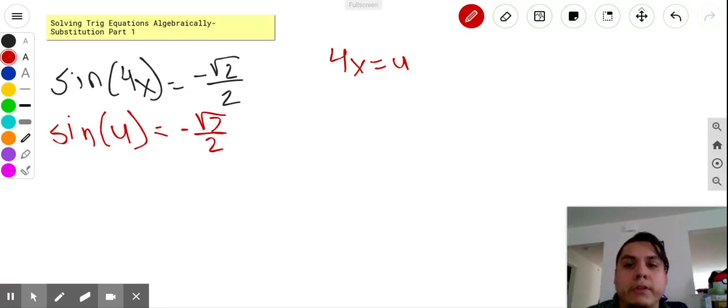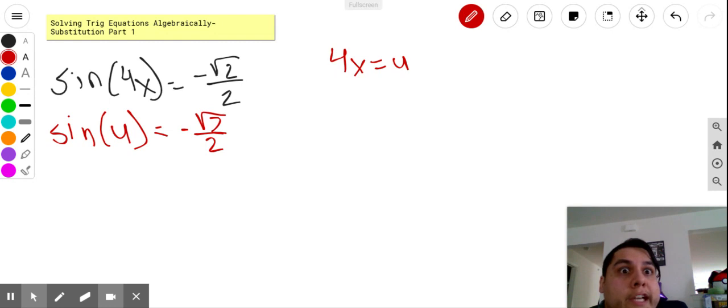Right? So I know that between 0 and 2 pi, typically sine is equal to negative radical 2 over 2 in 2 spots. So it's radical 2 over 2, so I know it has to be pi over 4.